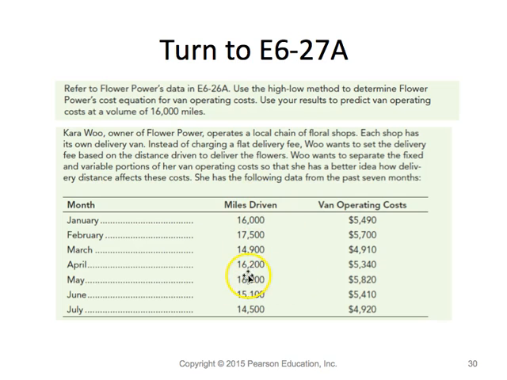So for example, we have the volumes and costs for a vehicle drive, and here the high-low method, the cost equation for van operating cost. We're going to find out at the volume of 16,000 miles, how much the van operating cost will be.